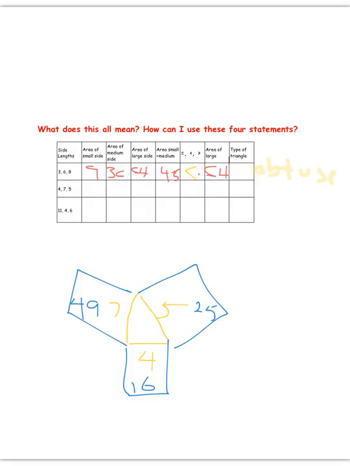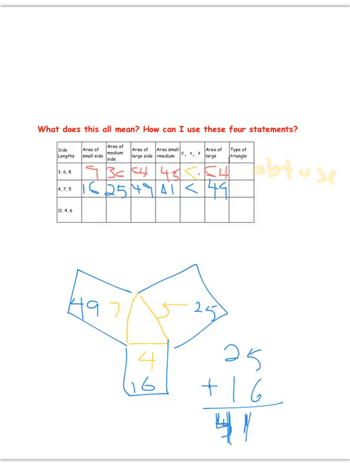So if I fill in my chart, the area of the small side is 16, area of the medium is 25, area of large is 49. 25 plus 16 equals 41, which is less than 49.